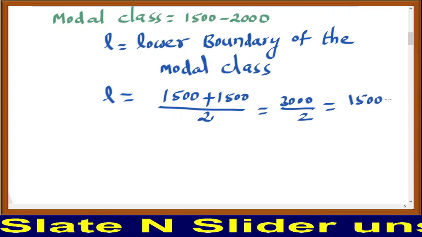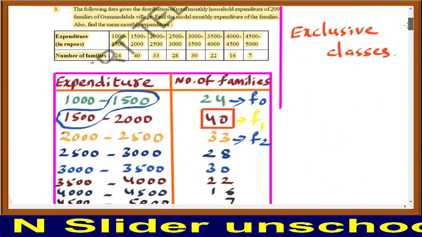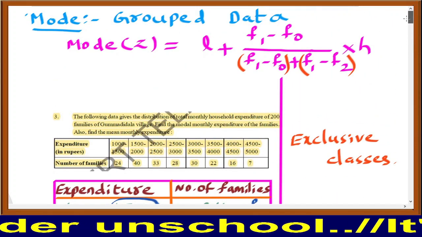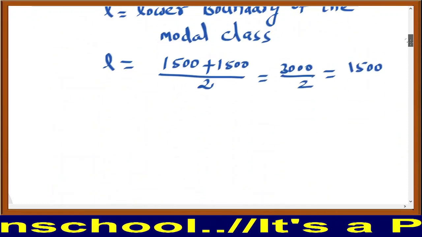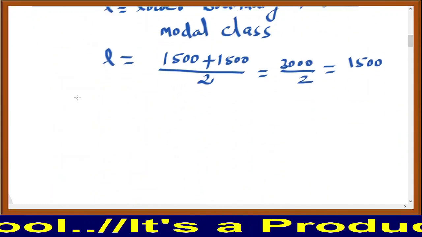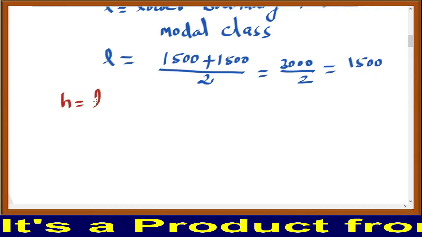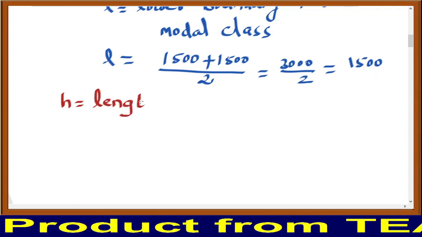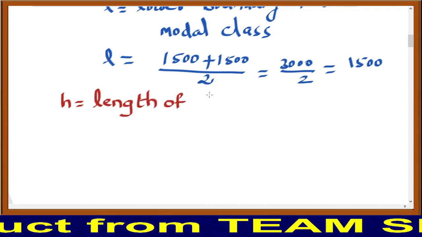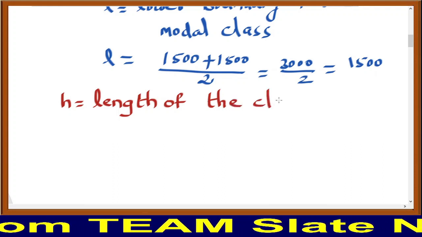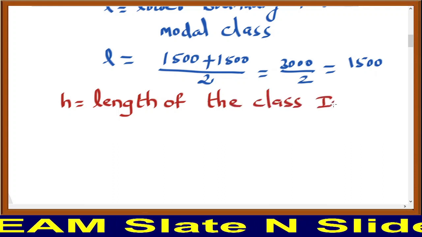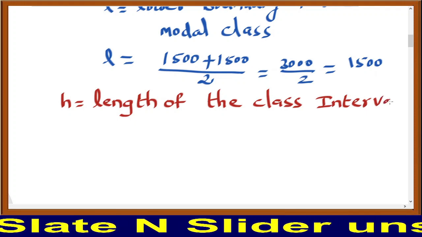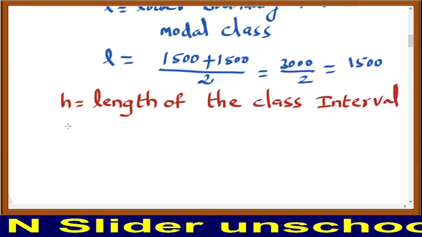So we got L, and we have to find out one more, that is H. What is H? H is the length of the class interval. How to find out the length?